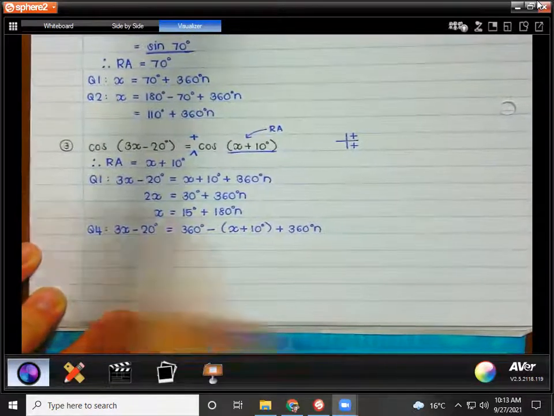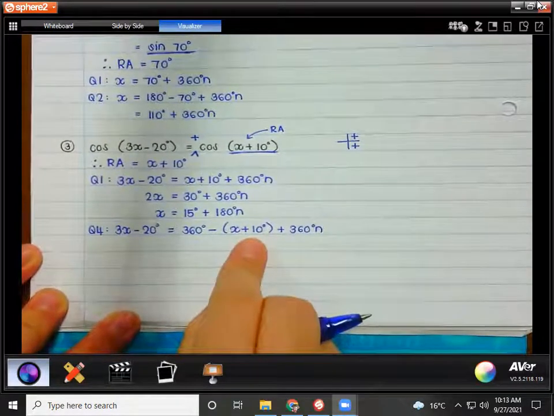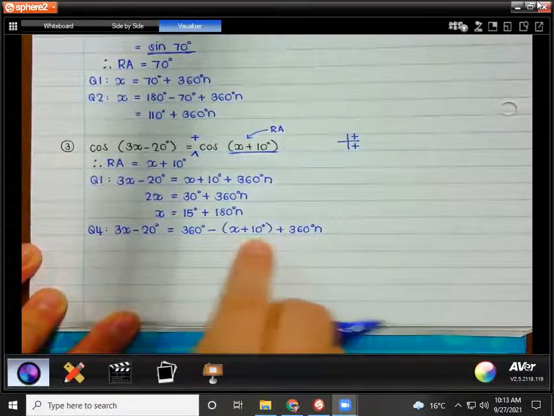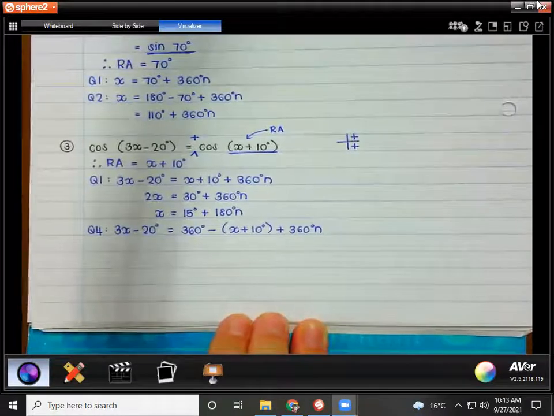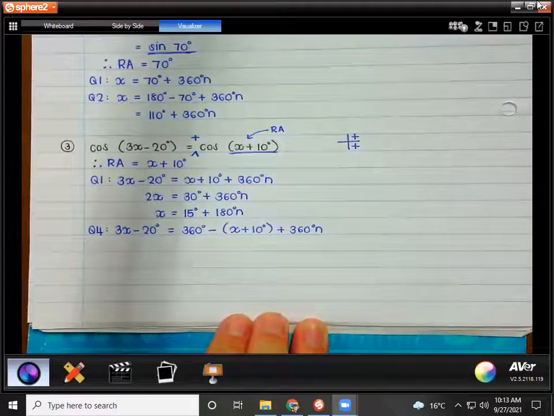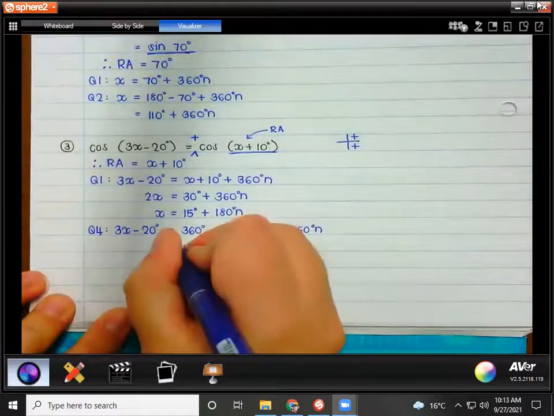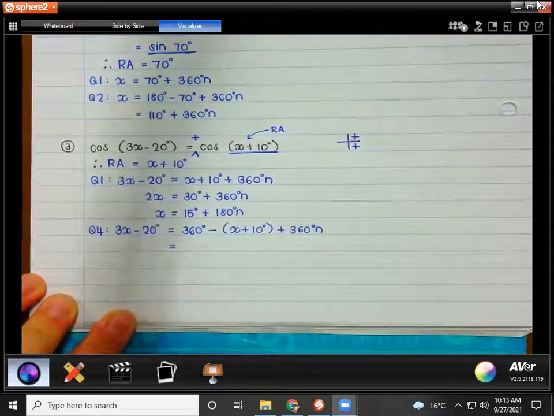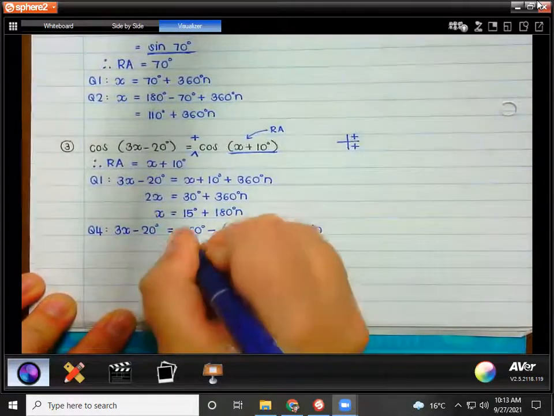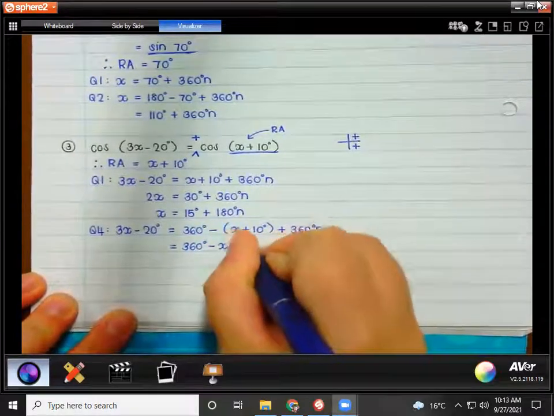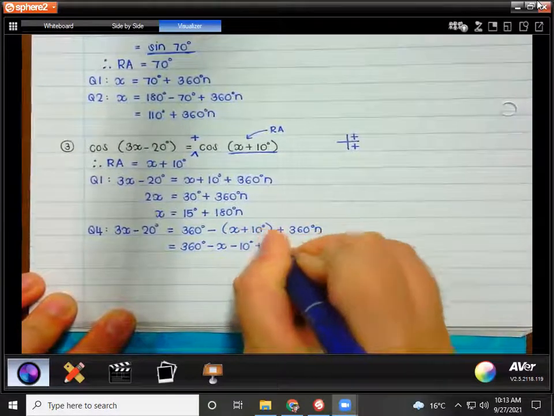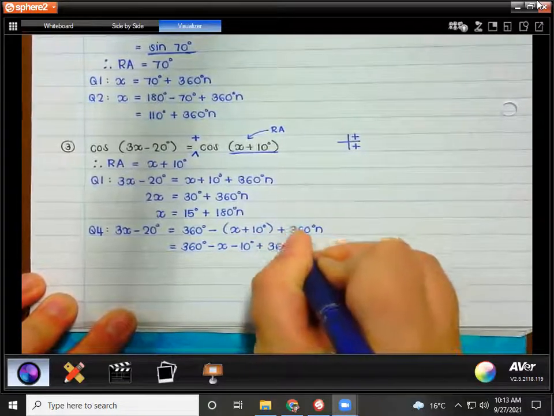Okay, 360 minus the whole reference angle, guys. Because the reference angle consists of two terms, we have to please put that in brackets. Okay, because you have to minus the x and the 10. Let's simplify that first before we start moving things around. We have 360 minus x minus 10 plus 360n.